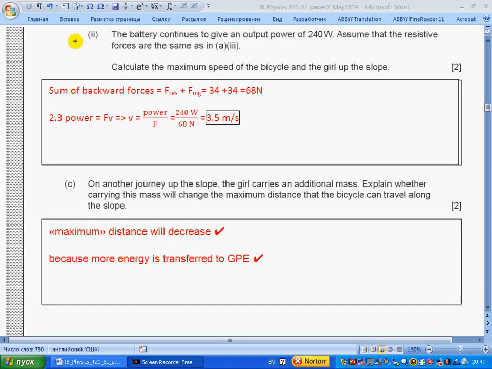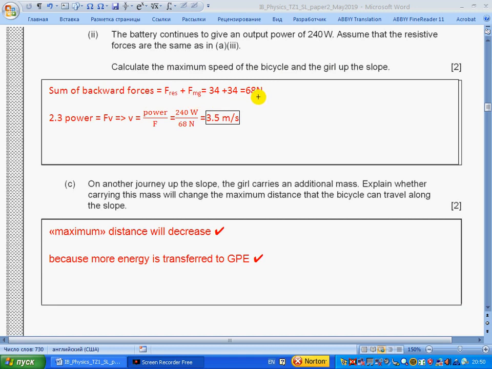II. The battery continues to give an output power of 240 watt. Assume that the resistive force is the same as in A3I. Calculate the maximum speed of the bicycle and the girl up the slope. The sum of the 2 backward forces, resistive force and component of weight, is 68 Newton.